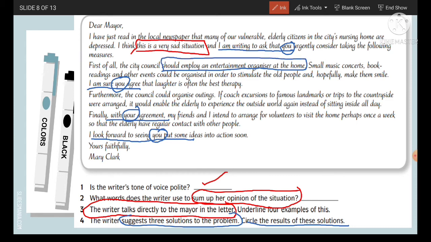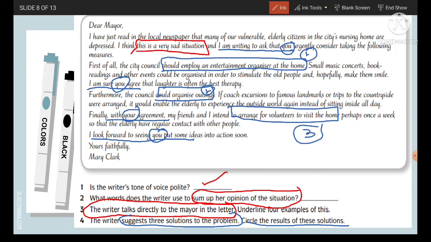Cadangan pertama yang diutarakan. This is, we just put the first solution. The second solution is this one. This is solution number 2. Solution number 3 is this one. Okay, so those are the 3 solutions.